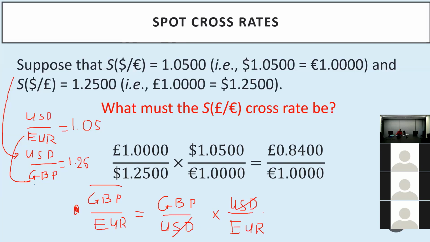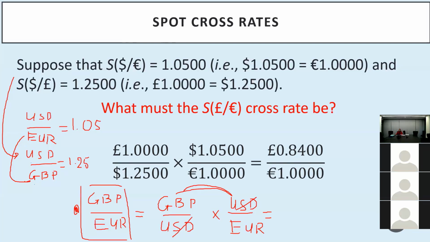So let's work through this problem. Suppose I want to find the exchange rate between the pounds and the euro like this. I will start with these two exchange rates first. The first rate that I need for this calculation is the pound against the USD, right?